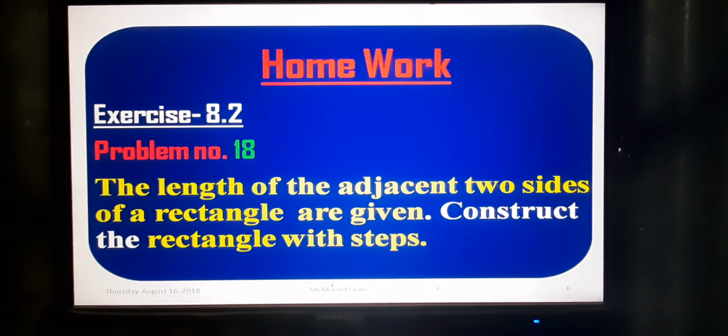So my dear students, like this way you can do the homework. Go to your book and open exercise 8.2 page, and after that try to solve this problem. And another thing, after drawing this one you will try to draw another types of quadrilateral also.